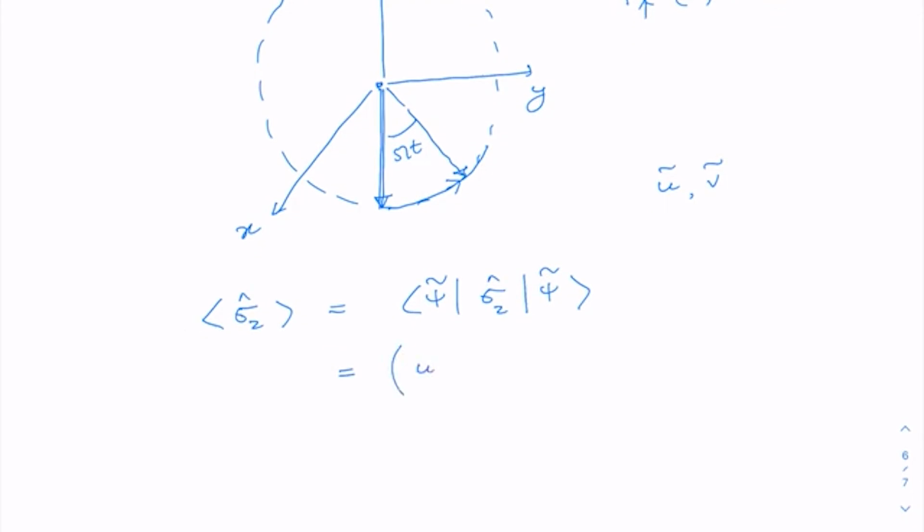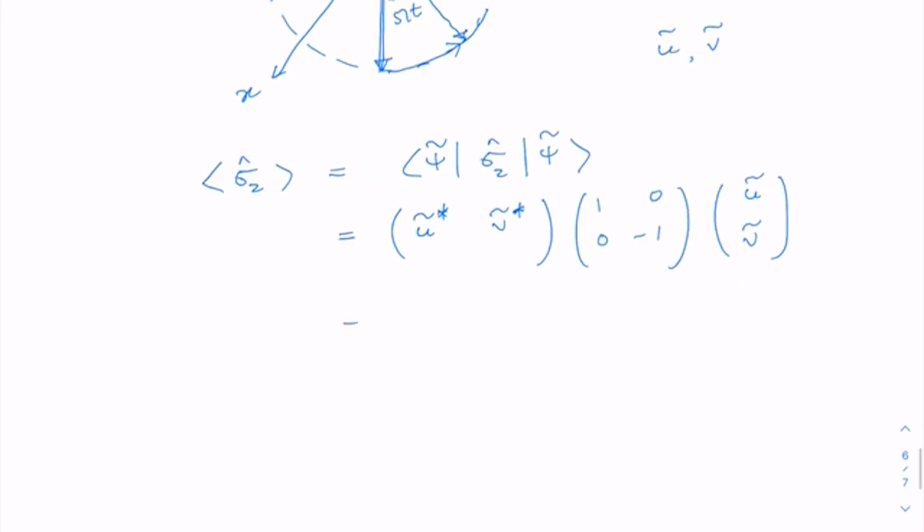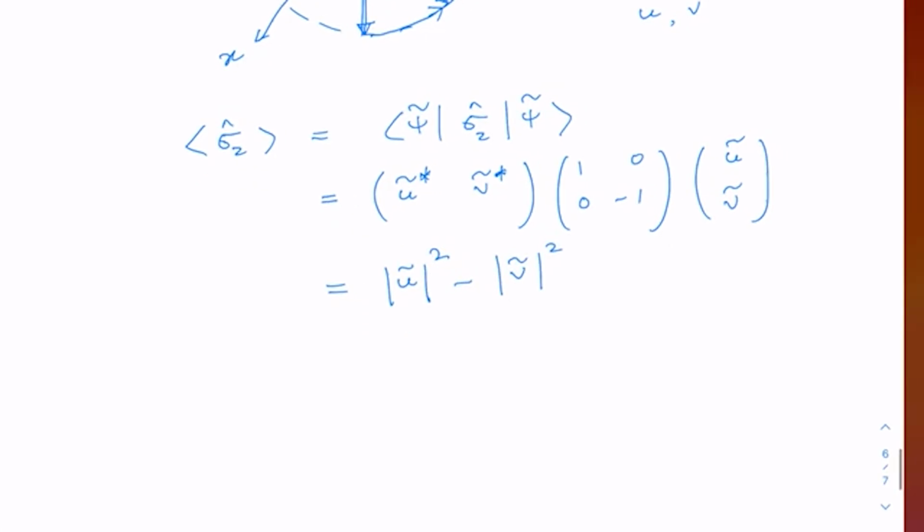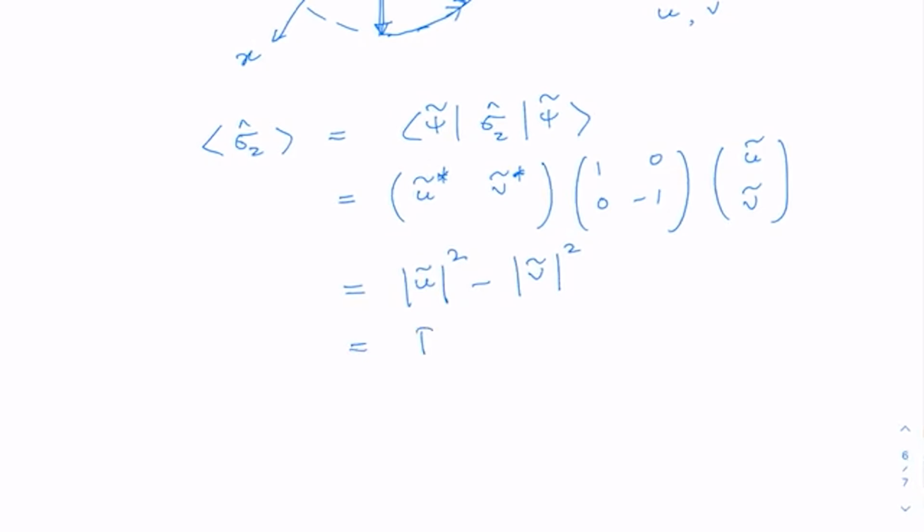This would be u tilde star, v tilde star, sigma z is 1 0 0 minus 1, and then you have u tilde, v tilde, and it's very trivial to find that what you will get is mod u tilde squared minus mod v tilde squared. This is basically the probability of finding the two-level system in the excited state, and this the probability of finding it in the ground state, because the eigenvalues of sigma z are 1 and minus 1.